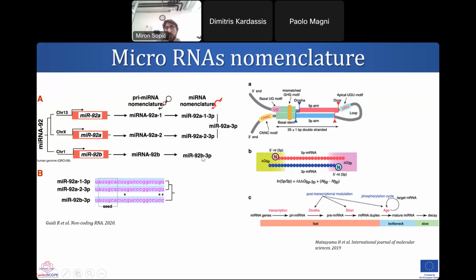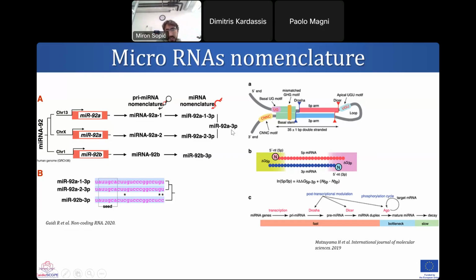So this is why we call this one 92B. Now, if we had another microRNA that is the same as 92B, then we should again call it microRNA 92B. But if it's coming from a different gene, then it's going to be microRNA 92B1 and 92B2. But because this is not the case, we have only one.